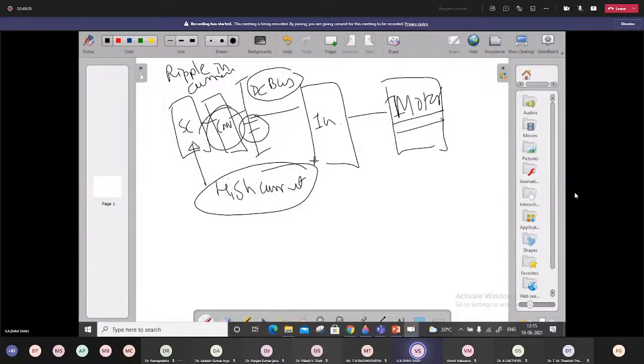You have to design your converter and the control algorithm in such a way that the current drawn by this converter, that is the current through the inductor of this converter, has the minimum ripple, as well as the voltage we get at the DC bus. Ripple should be minimum, and a constant magnitude of voltage is required.